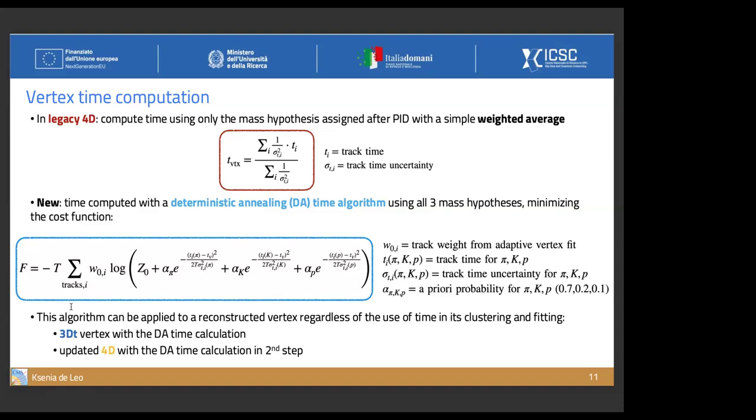So we have first the track weight that comes from the adaptive vertex fit. And then we have three terms, one for each particle type, where for each track we have the time in each hypothesis, the uncertainty in each hypothesis, and we set some a priori probabilities for the particle type, which come from the expected abundance of each particle type.